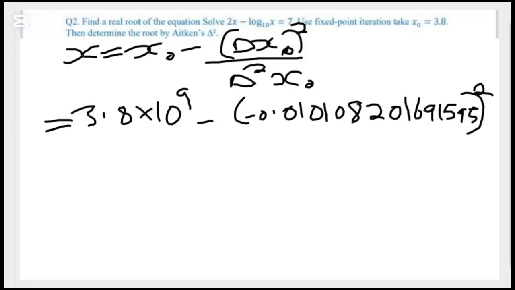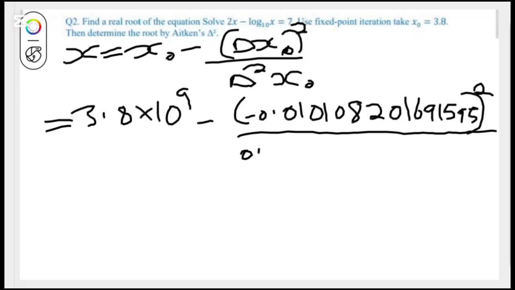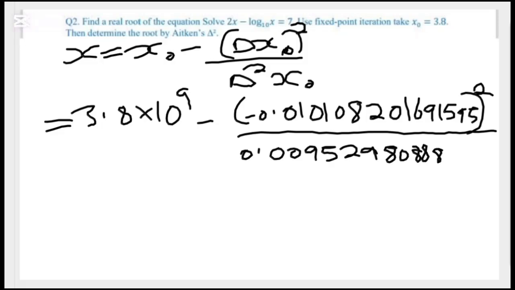0.010108201691595 squared, and divide it by d square x naught, which is 0.095298888590884.